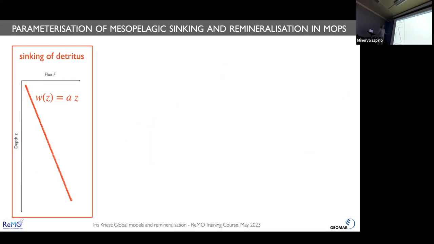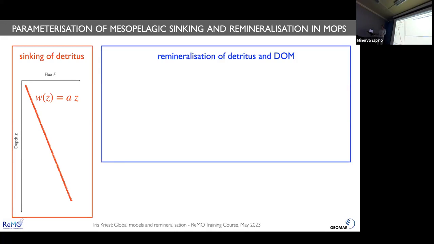Just very briefly on the details, the model assumes a vertically increasing sinking speed of detritus, as we had before. And for the remineralization of detritus and dissolved organic matter, it assumes that the remineralization rate depends on a saturation curve of oxygen. So as oxygen declines, the rate will go down.